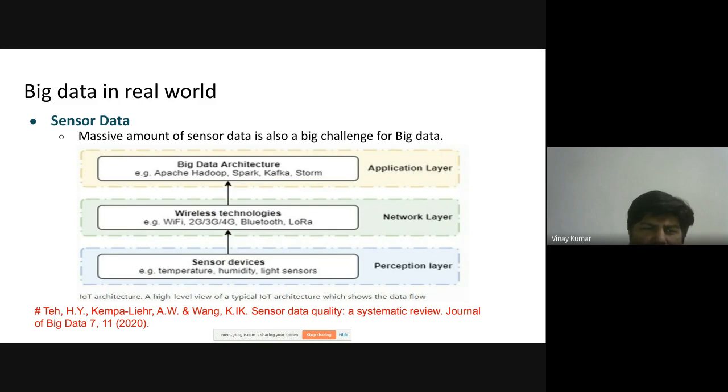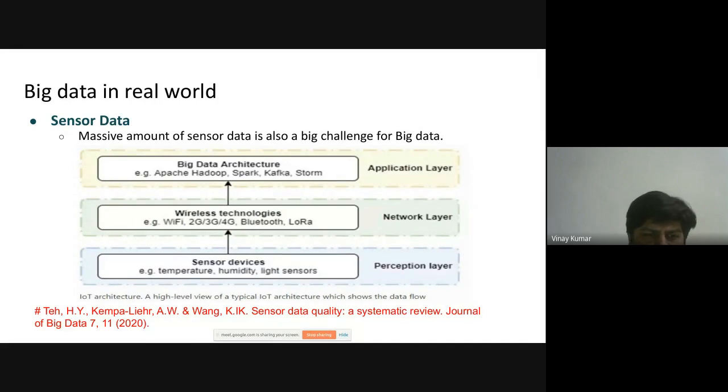So in this figure, you can see an overview of the data flow of a typical IoT application, where a physical sensor such as a temperature or humidity sensor measures and collects readings in the perception layer. Okay, so the perception layer is the physical layer which has sensors for sensing and gathering information about the environment.